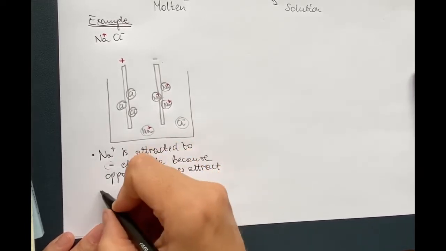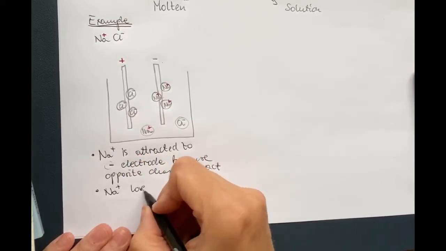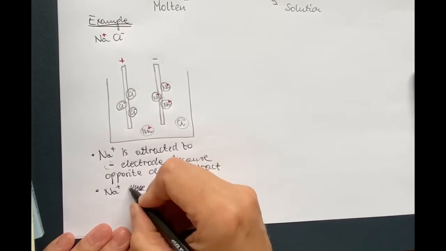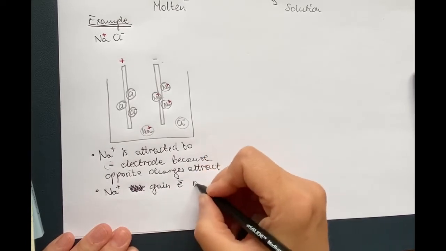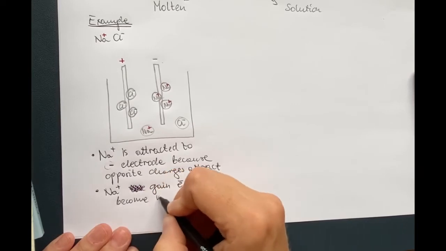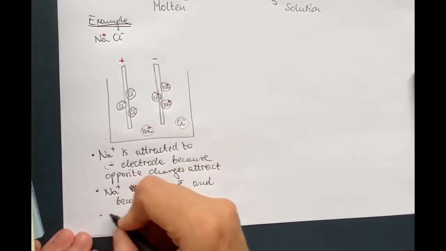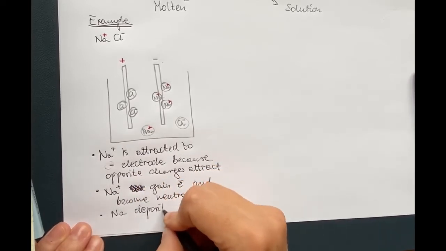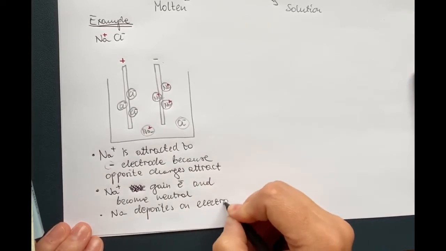Very important thing here: sodium ions gain electrons and become neutral, and sodium deposits on the electrode. So that's the key point.